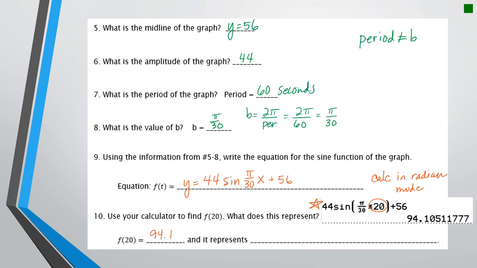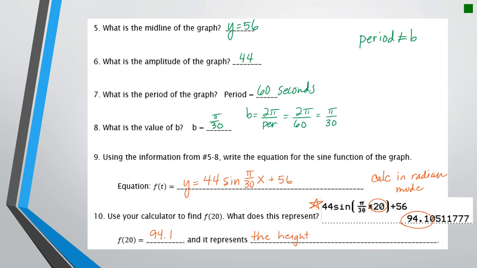And what that represents is, if you go onto your graph from the previous slide and you see where x is 20, and then you go up to the graph and see what the y value is, it should be about 94.1. So what it represents is the height of the wheel after 20 seconds.